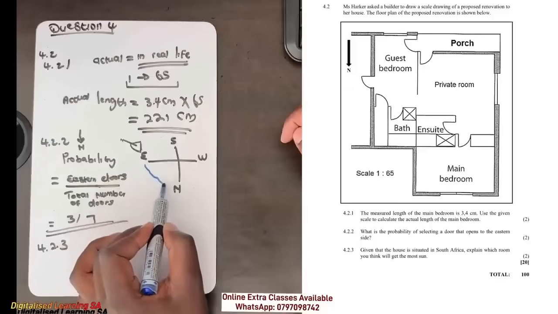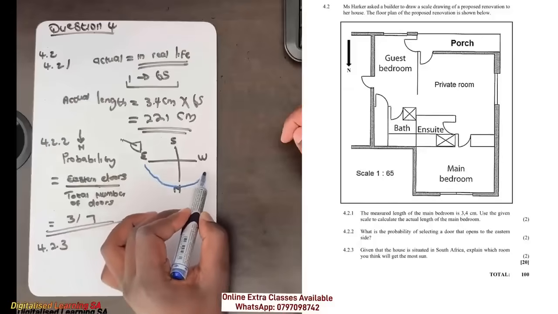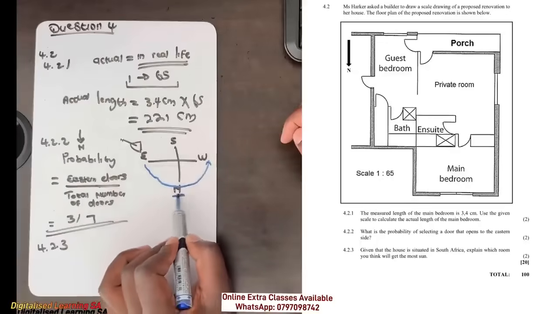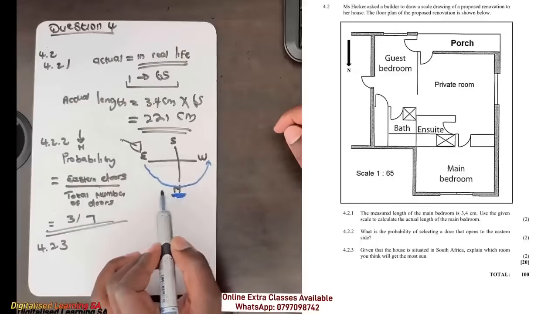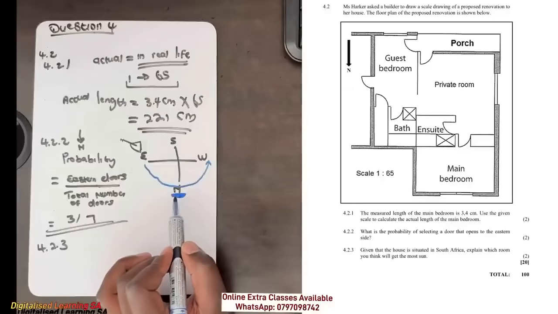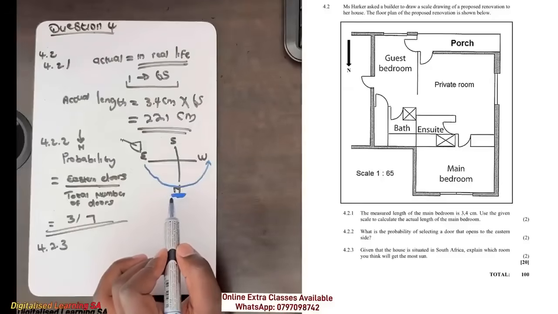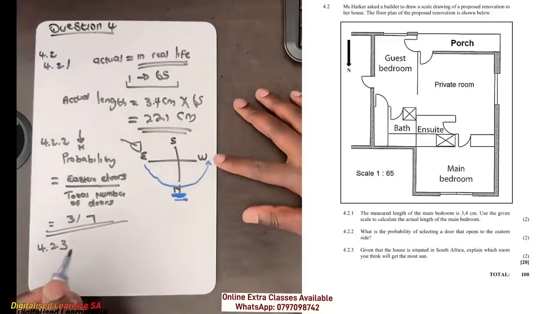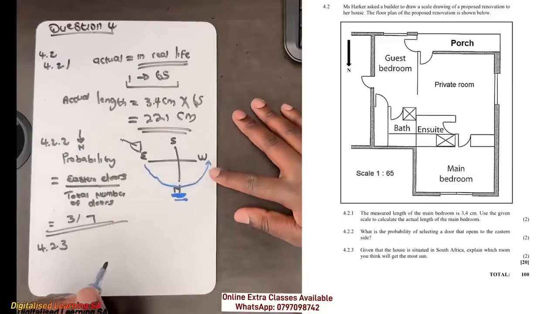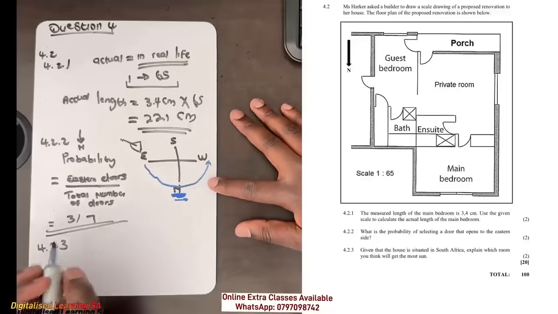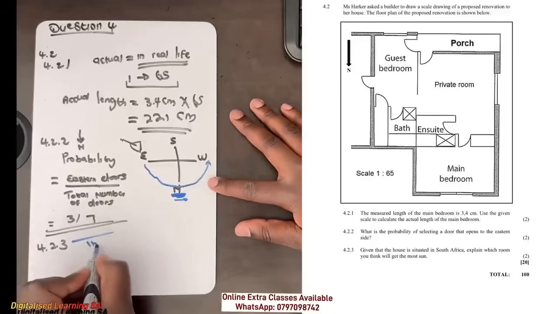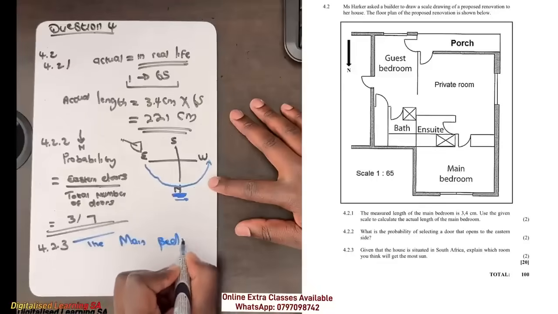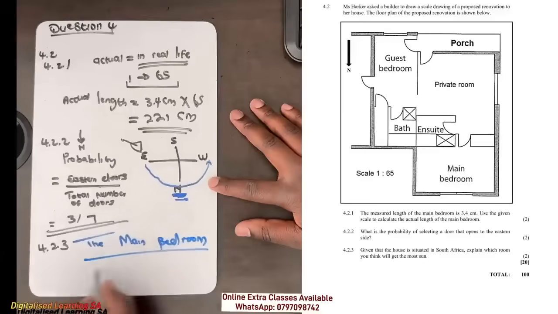Meaning that the room that is facing north will get most of the sun. We can see on our plan that the main bedroom is the one that is facing north, so the answer will be the main bedroom.